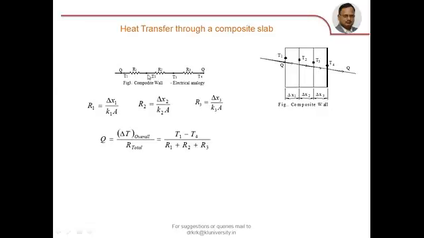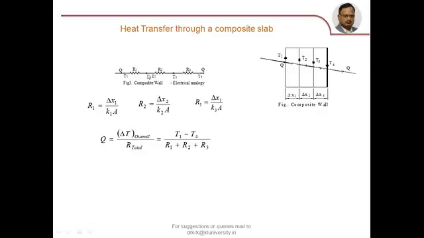Now next question. Once you know T2 and Q, how to find T3? Same analogy. The heat flowing through the resistance 2 is Q. So now between these two nodes, write the expression for heat transfer by conduction.